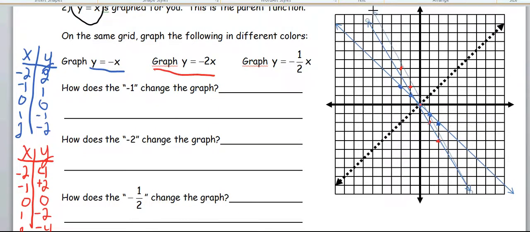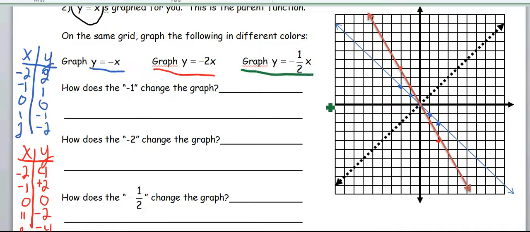Trying to get this straightened out here. There we go, much better. And we're going to fix the color on that so that it's red and it matches.